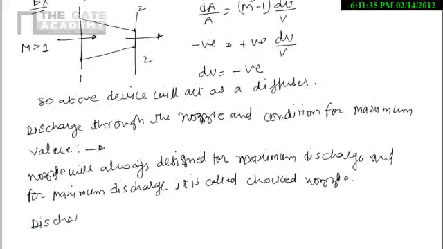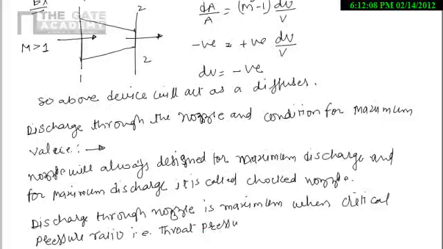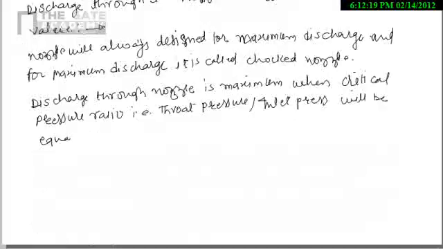Discharge through nozzle is maximum when critical pressure ratio, which I will now define, is nothing but throat pressure divided by inlet pressure, equal to (2 upon n plus 1) to the power n by n minus 1.